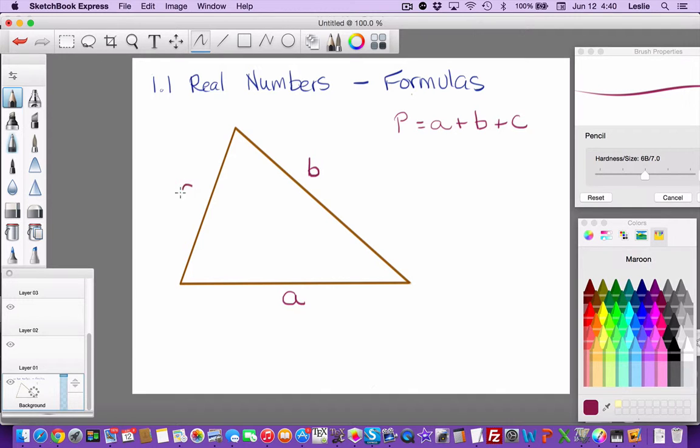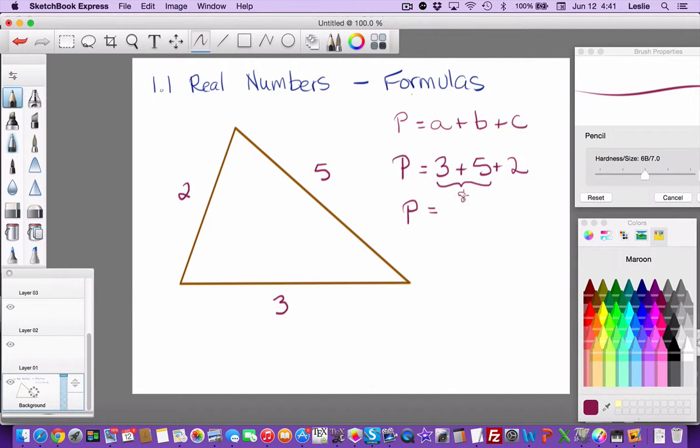Here's a triangle with sides A, B, and C. But A, B, and C have to be numbers. It looks like we might have 2, 3, and 5 for the lengths of the sides of this triangle. Perimeter in this case is just 3 plus 5 plus 2. Again, that can be in any order. We'll talk about that more in another video.